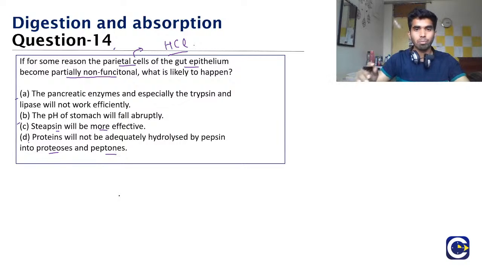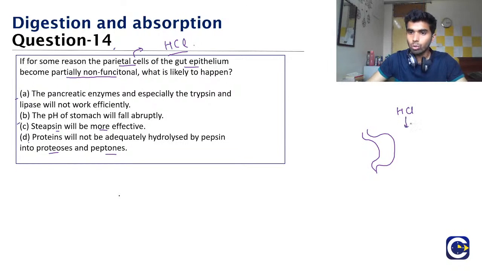So let us break this down. The parietal cells are present in the stomach, so whatever happens has to happen in the stomach. They secrete hydrochloric acid, and hydrochloric acid converts pepsinogen into pepsin.